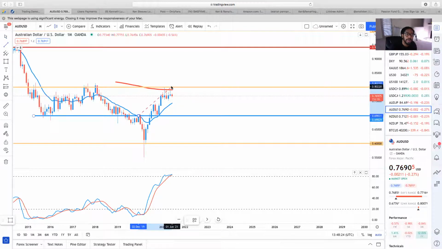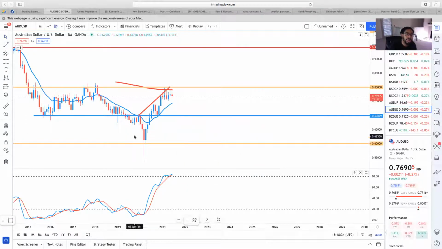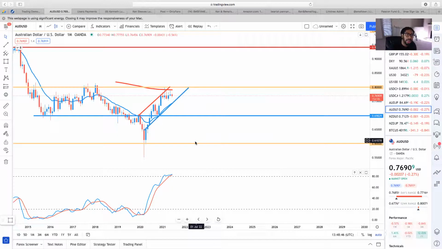When I see a few hits, I want to just draw some trends and things of that nature. Let me put a little sell line here, a little buy line here. Put me a little buy line right here.